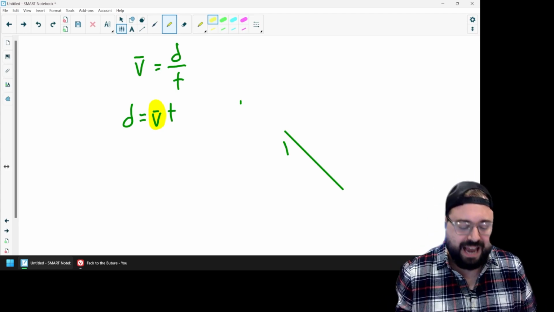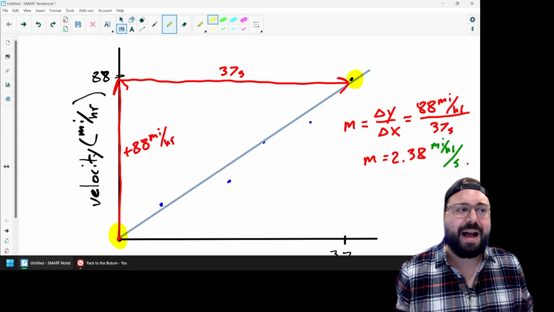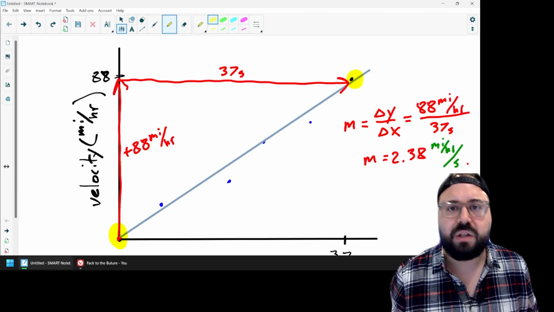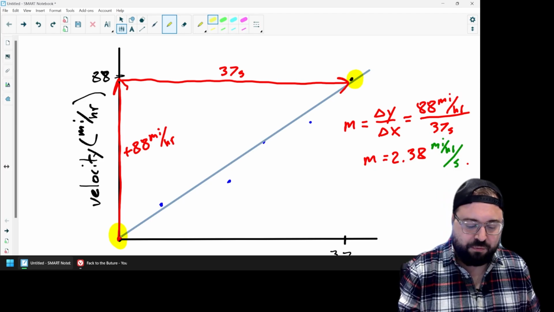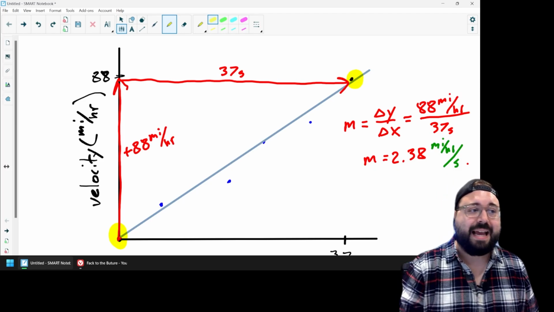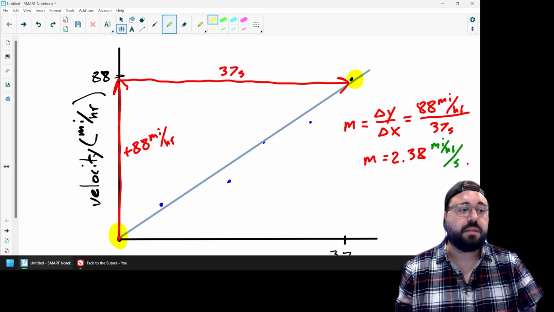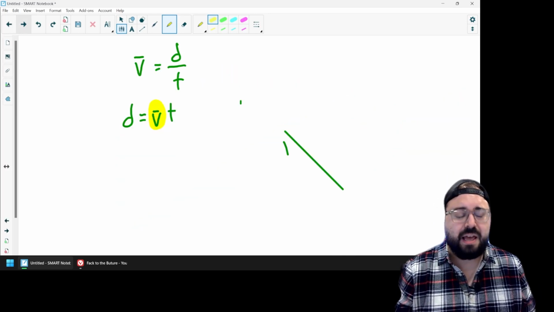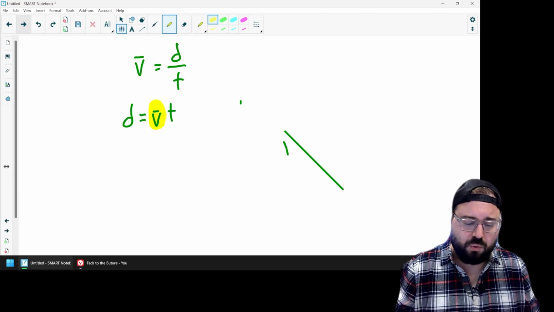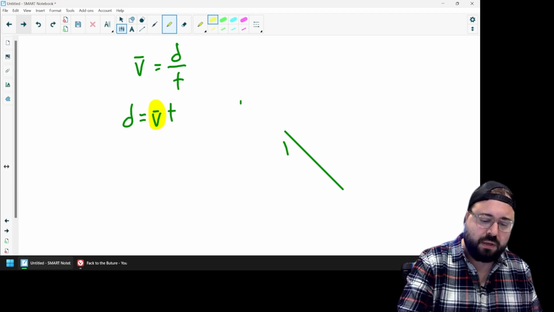So we have to put in the average velocity. So let's go back to our graph. What would our average velocity be if we went from 0 to 88 at a perfect steady rate? You would be correct. It would be roughly 44 miles per hour.